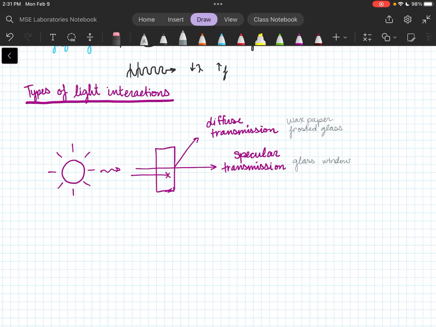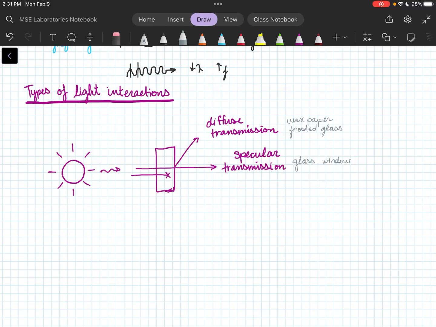It could also be something like the leaf of a plant, where you can see the sun coming through it, but you couldn't make out someone else's face through it, right? So you're getting some transmitted light through that leaf, or through a piece of paper, but it's not clear enough that you're going to be able to tell details. And a lot of materials have a combination of some diffuse and some specular transmission.